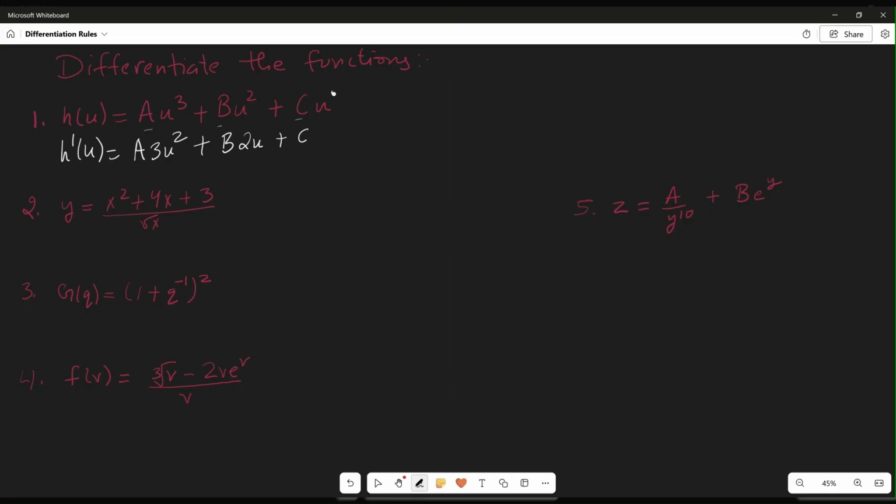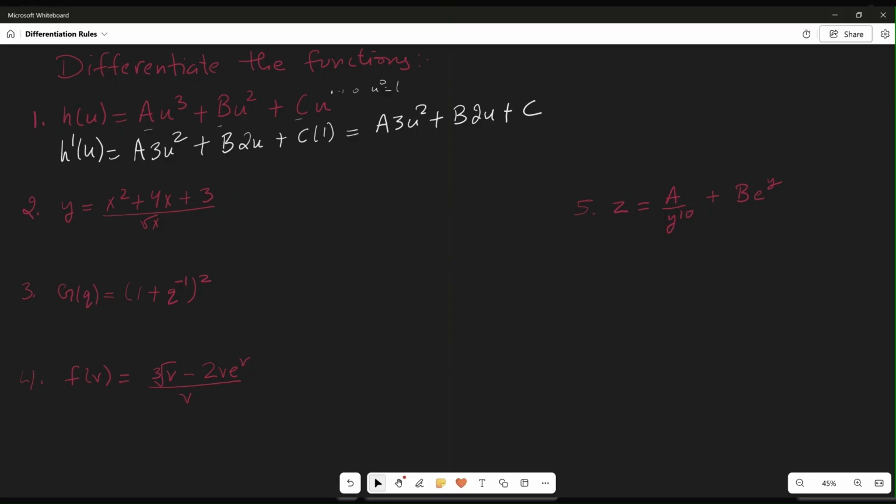So it's 1 times u to the 1 minus 1, which is 0. Anything raised to power 0 is equal to 1, so what we are simply left with is C times 1. Therefore, this is equal to 3A u squared plus 2B u plus C.